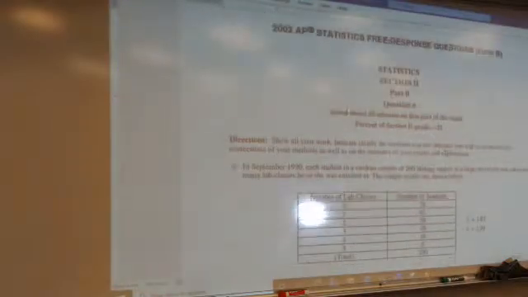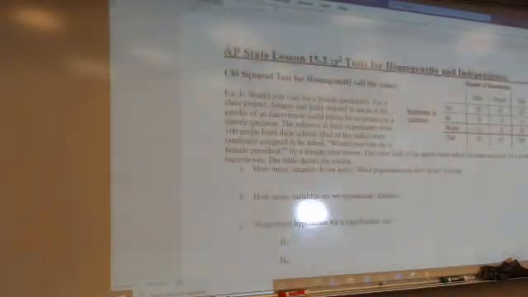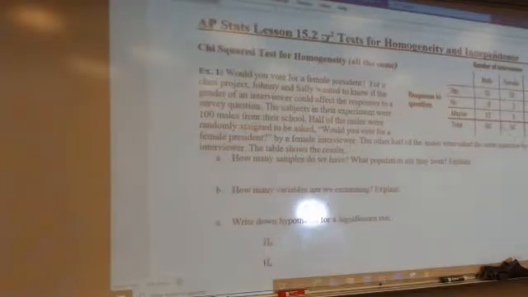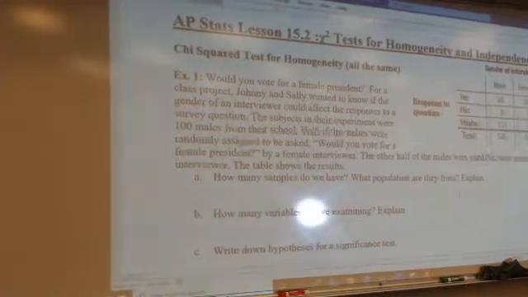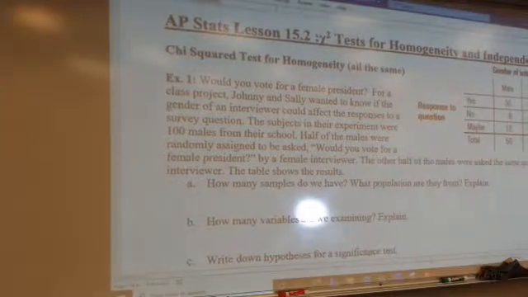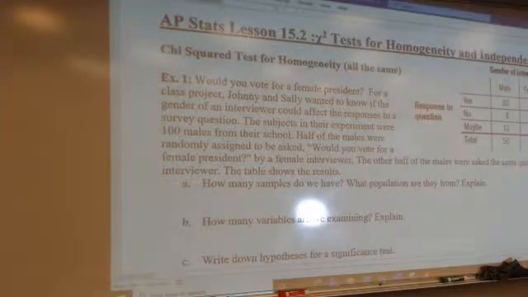All right, last class we discussed chi-squared tests. It's a different distribution. It's not a normal distribution. It's skewed. And it helps us determine if two sets of data... well, there's three types of chi-squared tests.